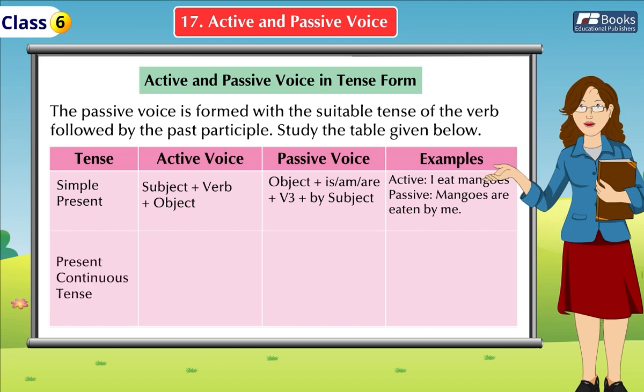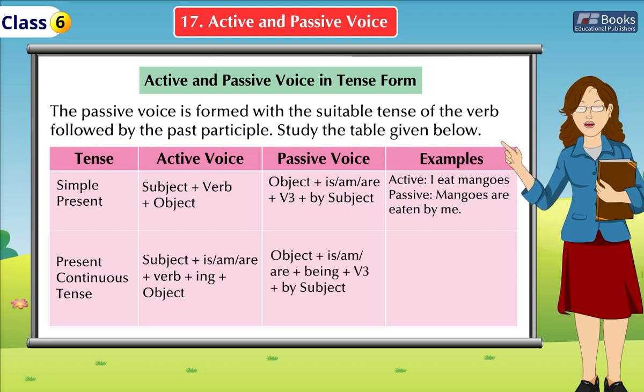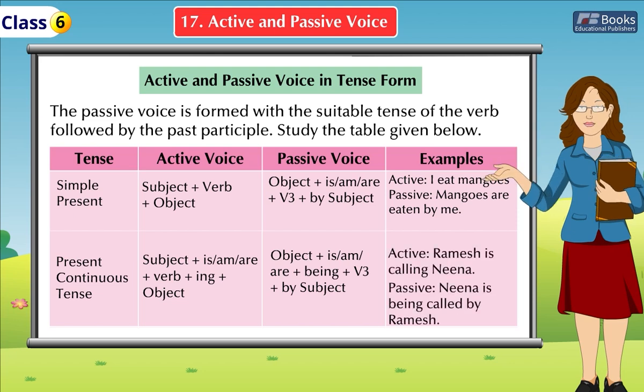Tense: present continuous tense. Active voice: subject plus is, am, are plus verb plus ing plus object. Passive voice: object plus is, am, are plus being plus verb third form plus by subject. Examples. Active: Ramesh is calling Neena. Passive: Neena is being called by Ramesh.